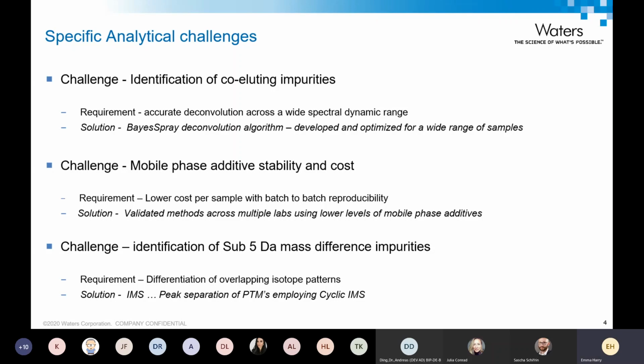Now, for us at Waters, we're fortunate we have ion mobility devices, and there has been some work done recently by Dr. Fabris at the University of Connecticut, where he was looking at resolving post-translational modifications, employing the cyclic IMS, and they've got really decent resolution here. So it's something that you can't necessarily do with chromatography and mass spec alone, but when you pull in the ion mobility, we're getting that resolution there.